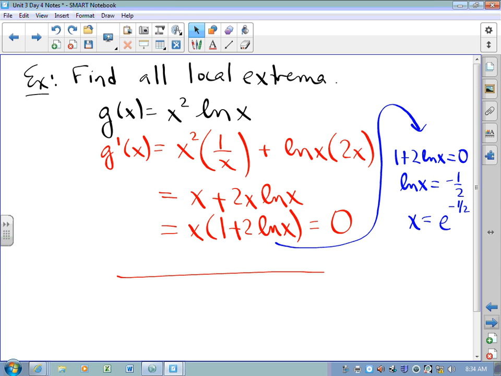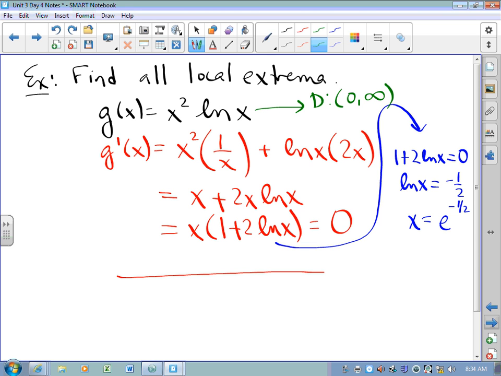One is at x equals 0. The other is at x equals e to the negative 1/2. The curious thing is that the domain of this function only runs from 0 to infinity. And so I've already got 0 outside the domain of my function to start with. And then I've got e to the minus 1/2 happening here.